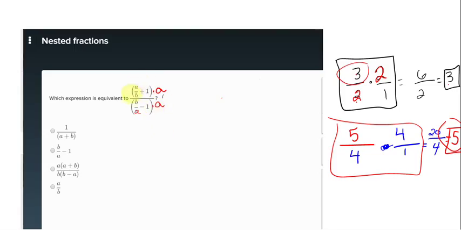So on top, I'll be left with, distribute this a to both of these terms. And on the top here, I'll be left with a times a over b plus a times 1, which is a.